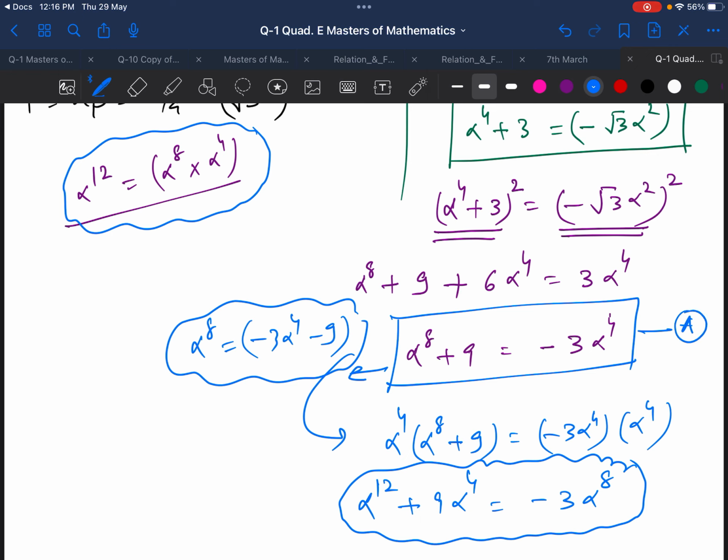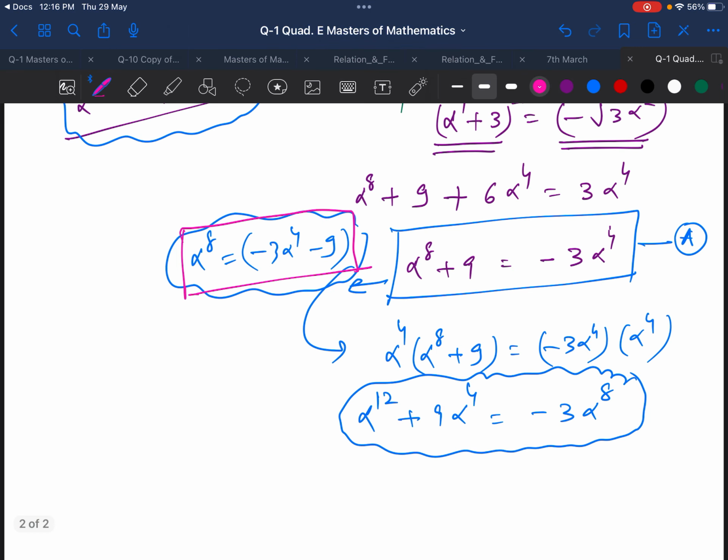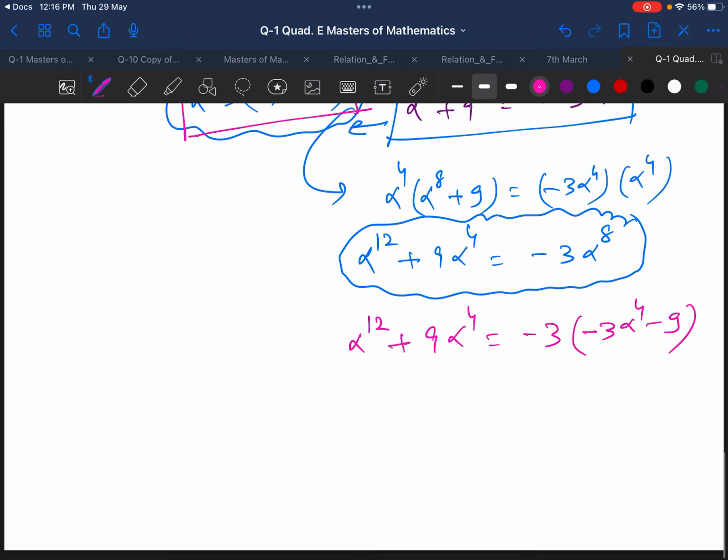From this equation A I can find the value of alpha raised to power 8 as minus 3 alpha 4 minus 9. So in the next step, what can I do? I can write alpha raised to power 12 plus 9 times alpha 4 equal to minus thrice of alpha 8, which can be written as minus 3 alpha 4 minus 9.